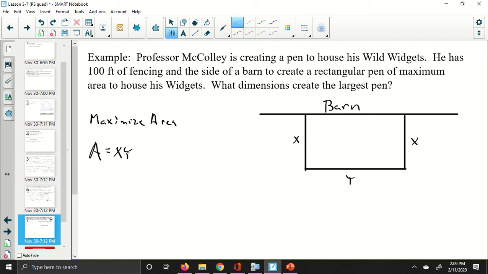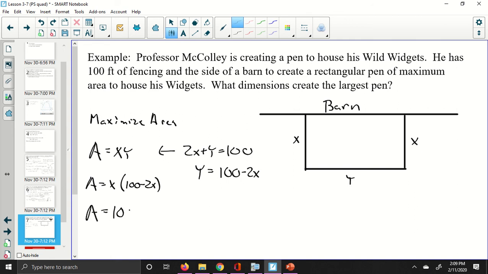And again, if we had no constraints on this, we couldn't maximize the area. But we know that 2x plus y has to equal 100. And so we have something similar to that first question. This time I'm going to solve for y and say y equals 100 minus 2x. And then I can go A equals x times 100 minus 2x. And then I'll have A equals 100x minus 2x squared.